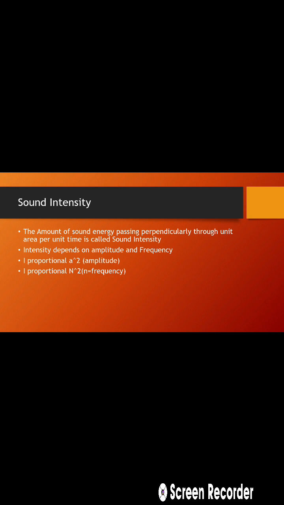Intensity depends on two factors: frequency and amplitude. So here are two laws: I is proportional to A squared, where A is amplitude, and I is proportional to N squared, where N is frequency.